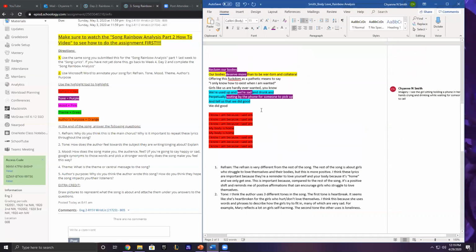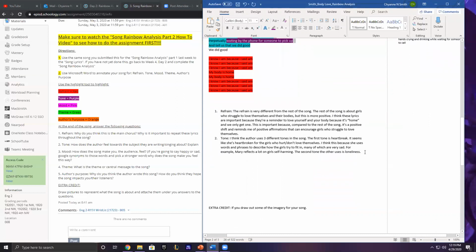And so for the loneliness, that's where I was talking about these specific lines in this specific image where she's talking about the girl sitting by the phone with it in her hands, waiting for someone to pick up.